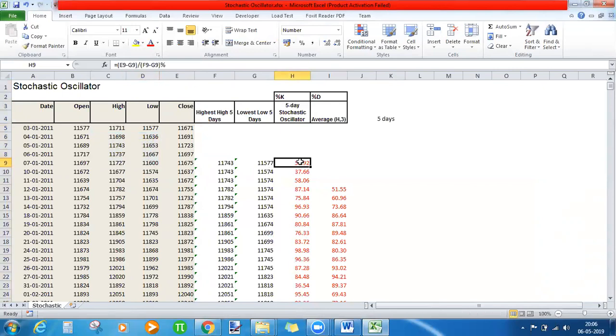Then you substitute that within the formula: close price minus lowest low divided by highest high minus lowest low. After getting it for the first 3 days, from the fourth day you can take the average of the past 3 days of percentile K values, and you will get percentile D here. So this is percentile K and this is percentile D, and this is the way you calculate stochastic oscillators using Excel.